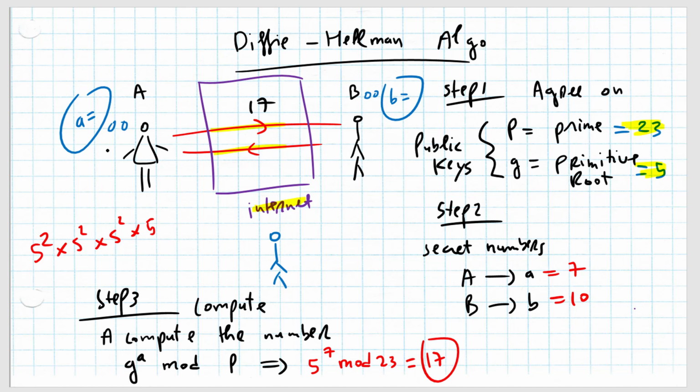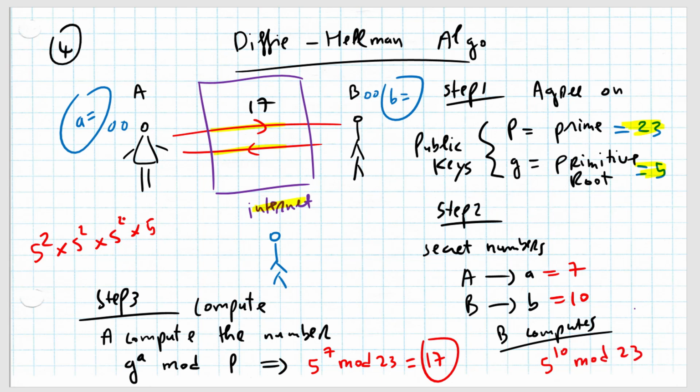It doesn't matter because the real message is 4. What do you think B is going to compute and send to A? Would it be G to the power of b? Perfect. So B computes G, which is 5, to the power 10 mod 23.